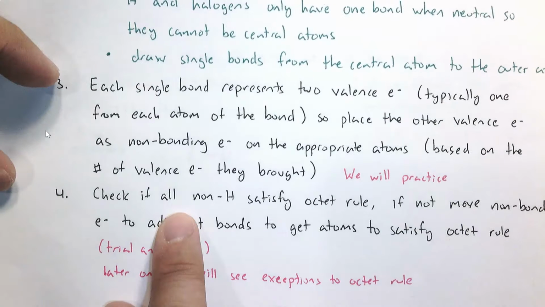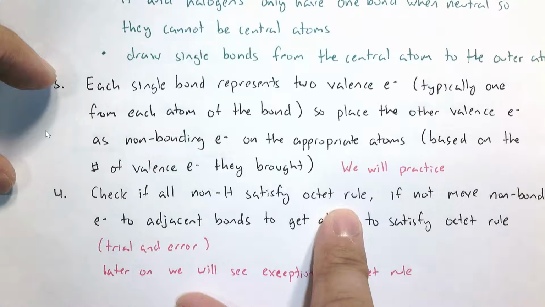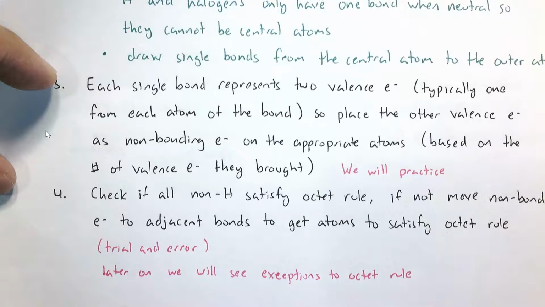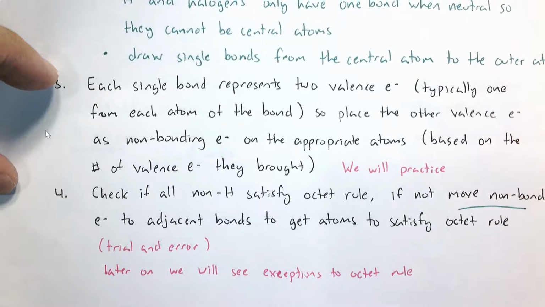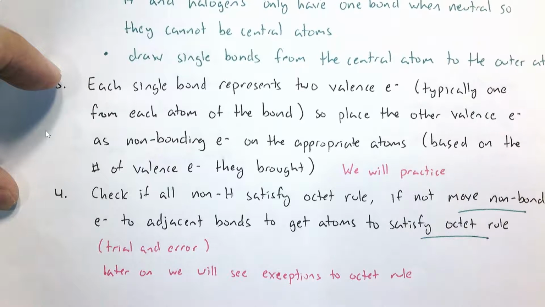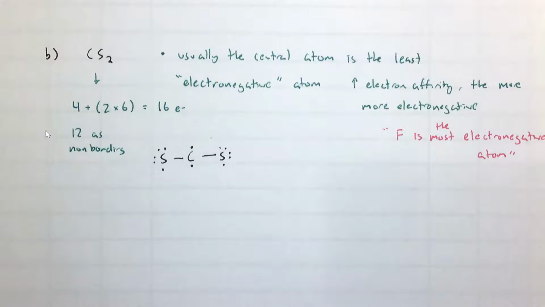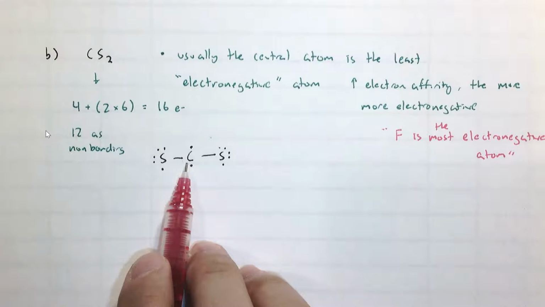Check if all non-hydrogen atoms satisfy the octet rule. If not, we are going to move non-bonding electrons to the adjacent bonds to get atoms to satisfy the octet rule. Because right now, carbon doesn't satisfy the octet rule.